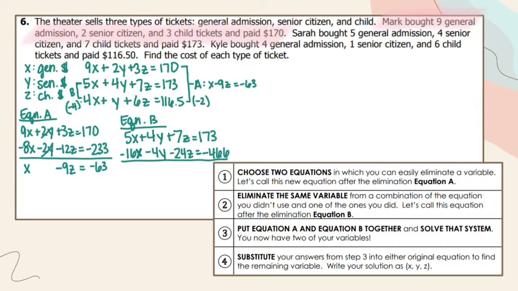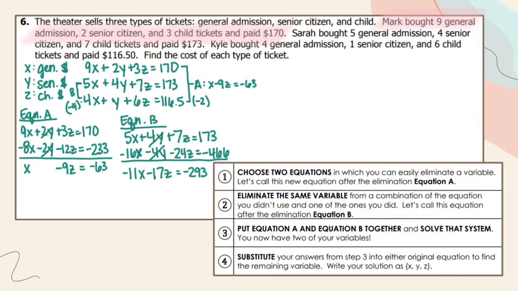And when we add those together, 5 plus -16 is -11x. The y's cancel. 7 plus -24 is -17z. And then 173 plus -466 is -293.